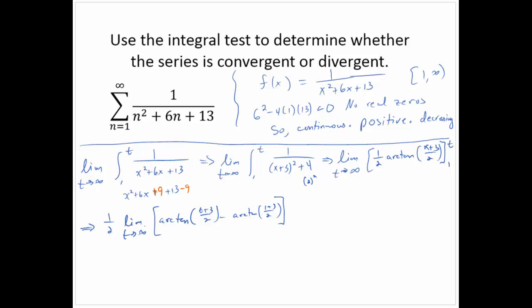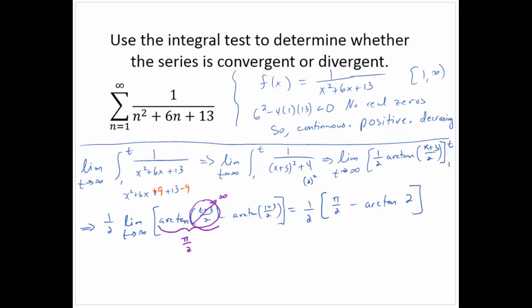Now, as t approaches infinity, t plus 3 over 2 will approach infinity, and as we move further and further to the right, the arctangent approaches pi over 2. So we'd now have 1/2 of pi over 2 minus the arctangent of 1 plus 3 is 4 over 2 is 2.